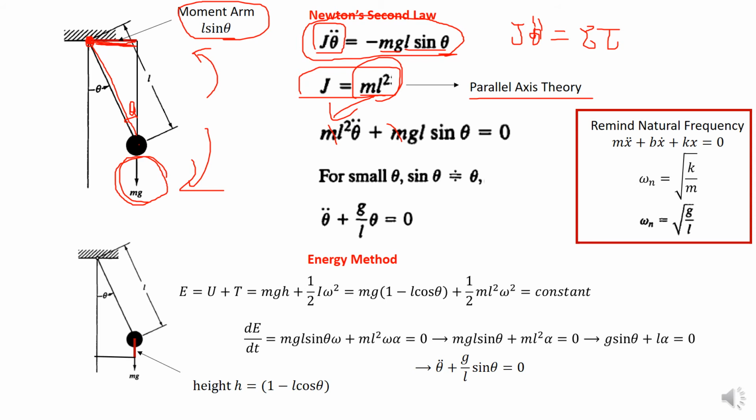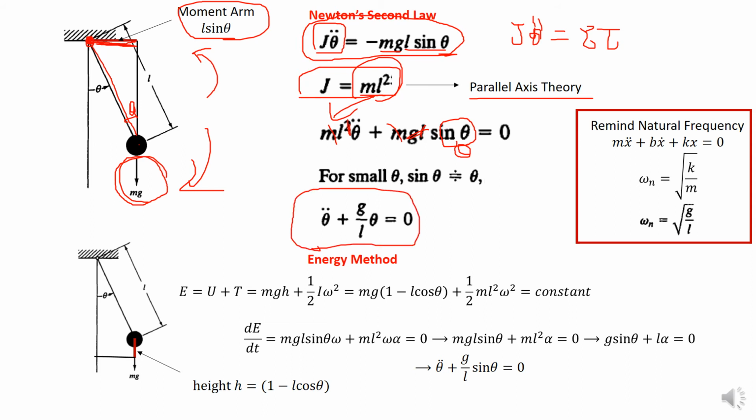For a very small theta, sine theta can be approximated as theta, so we replace this term with theta. Our equation simplifies, removing m and one L, and becomes theta double dot plus g over L theta equal to 0.